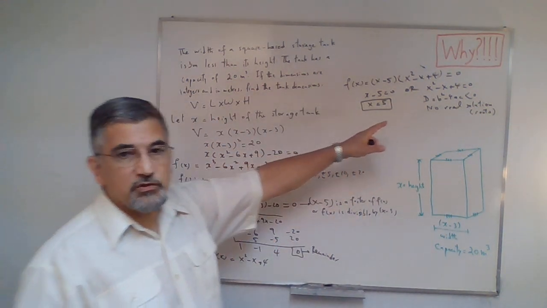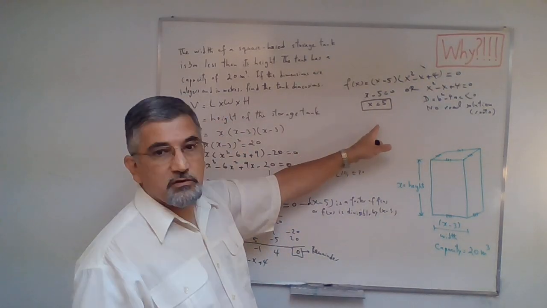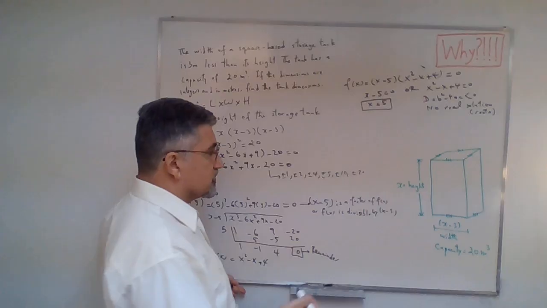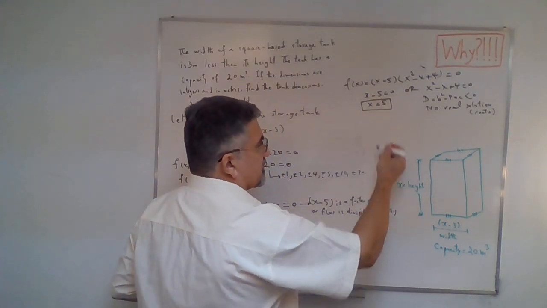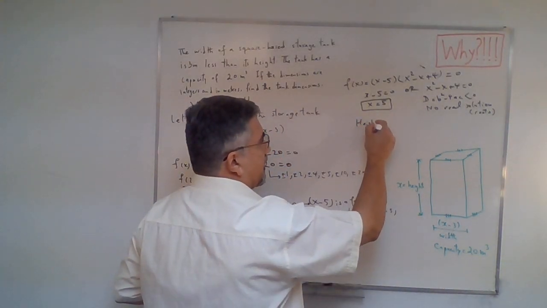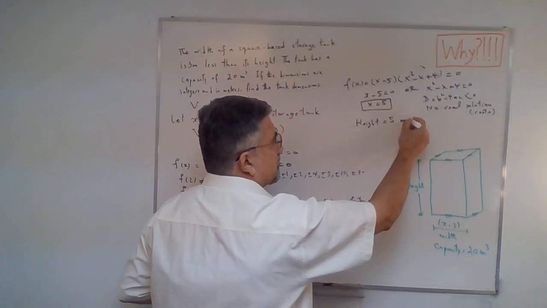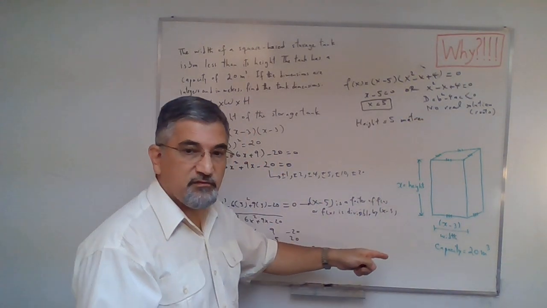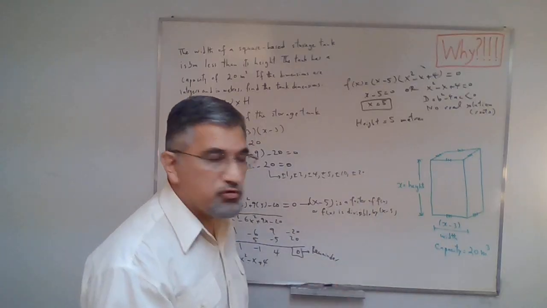So if that has no real roots, there is only one real root for this cubic equation, that is x equals 5, all right? So if x is 5, it means that the height must be 5 meters, and the width is 3 less than 5. So 5 minus 3 will be 2.